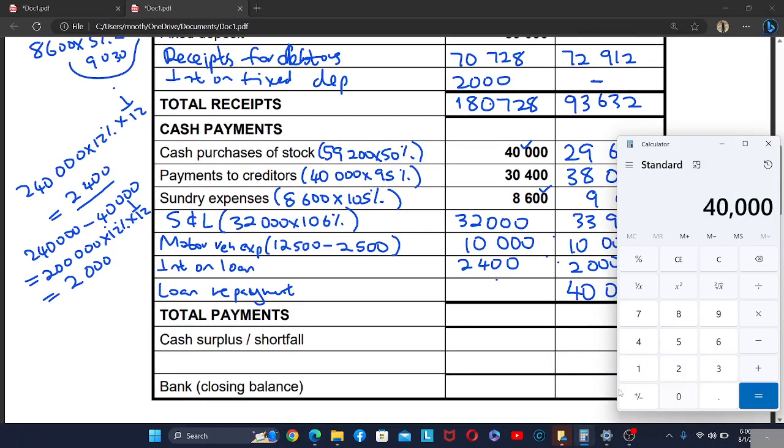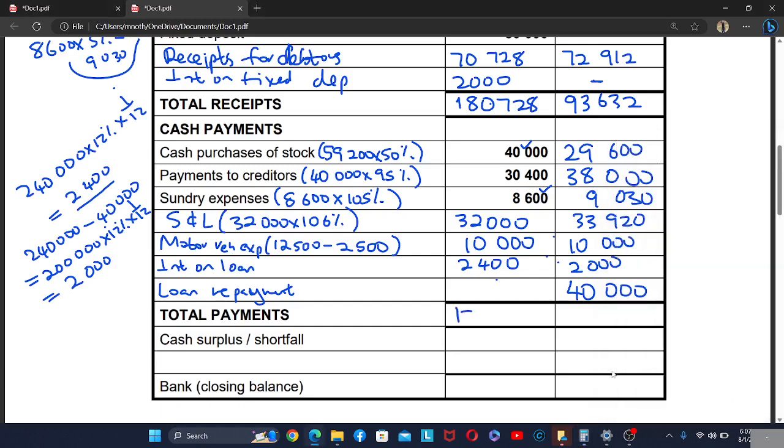Now the total payments for September: 40,000 plus 8,400 plus 8,600 plus 32,000 plus 10,000 plus 2,400, it is going to be 123,400.